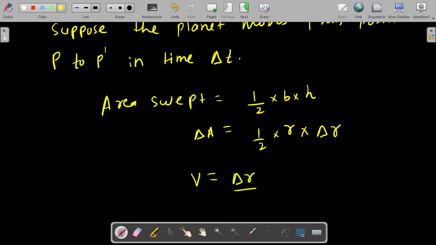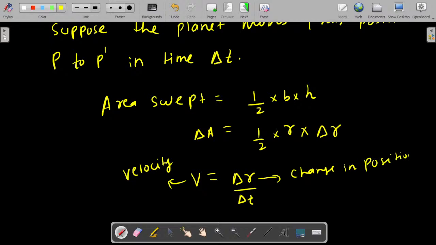Delta R upon delta T. What is V here? Velocity. What is delta R? Change in position. What is delta T? Change in time.